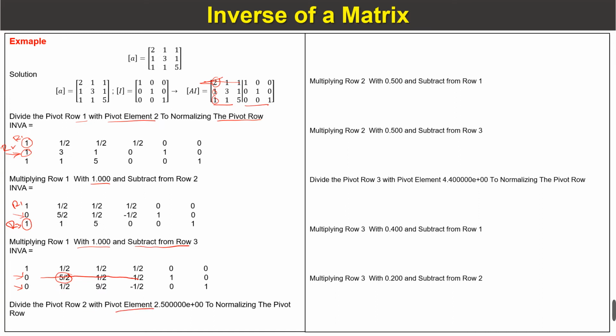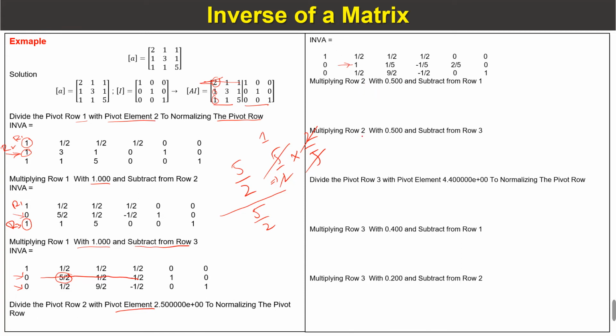Dividing by 5 by 2 means multiplying by 2 by 5, and this cancels out and becomes 1. So to normalize the pivot equation, after this we have the pivot element as 1.